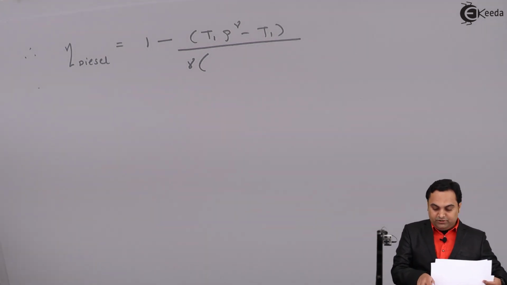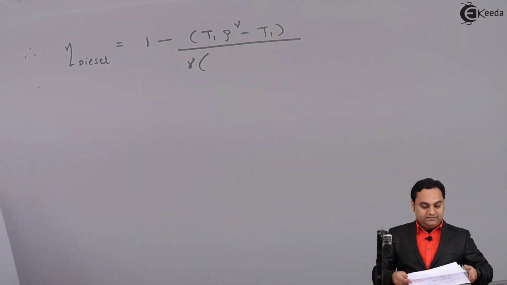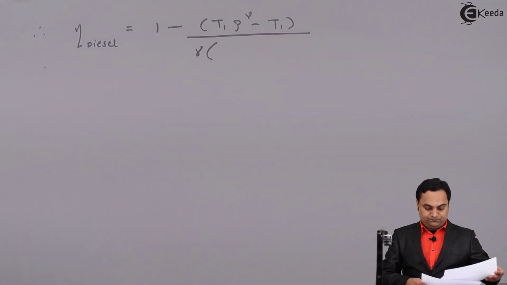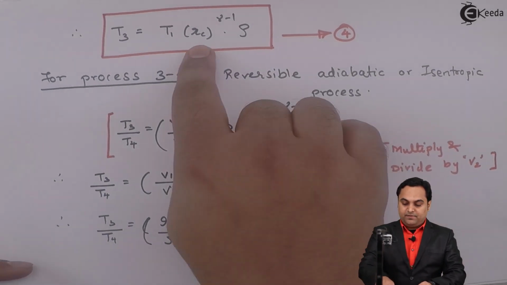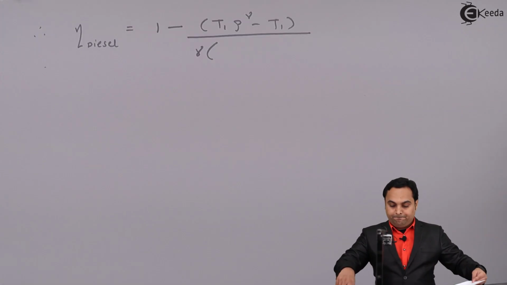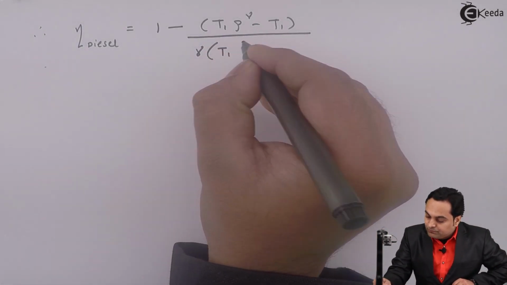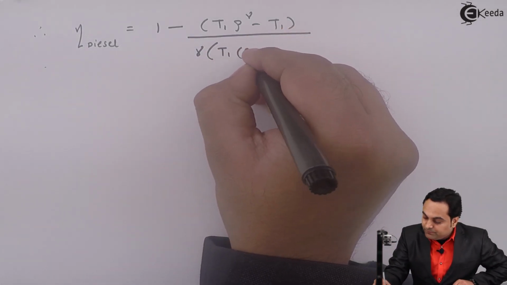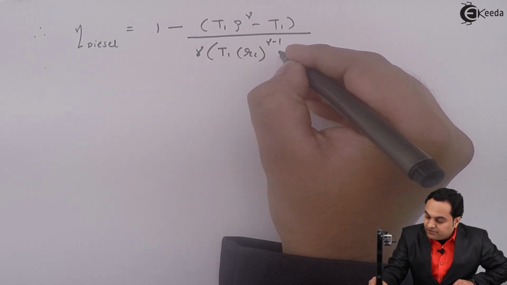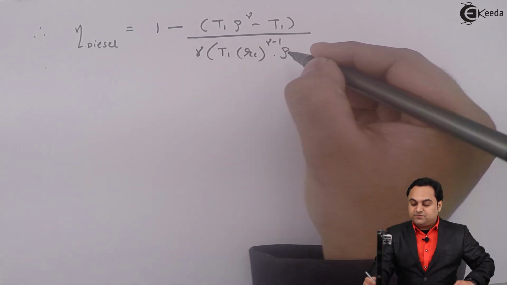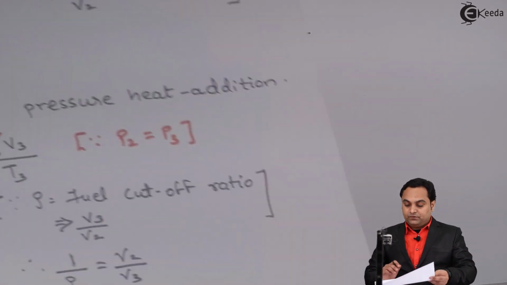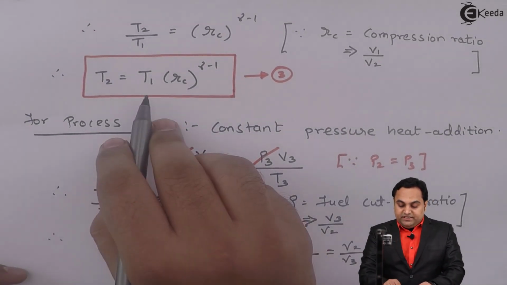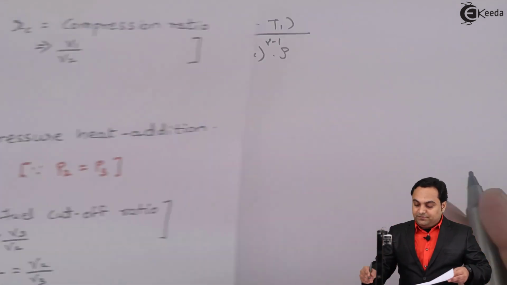Now T3 and T2 values. So T3 is T1 into RC raised to gamma minus 1 into rho. This much value is of T3. Next T2, it is T1 RC raised to gamma minus 1.